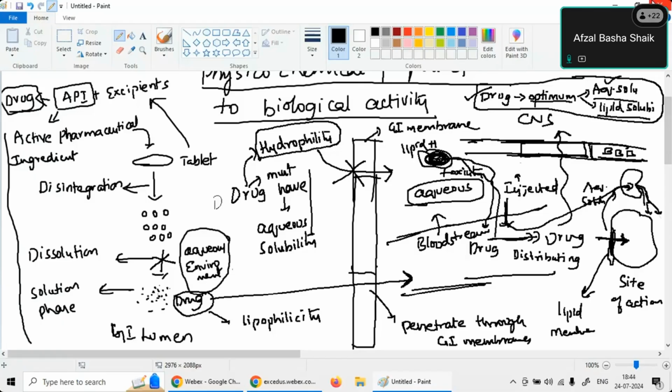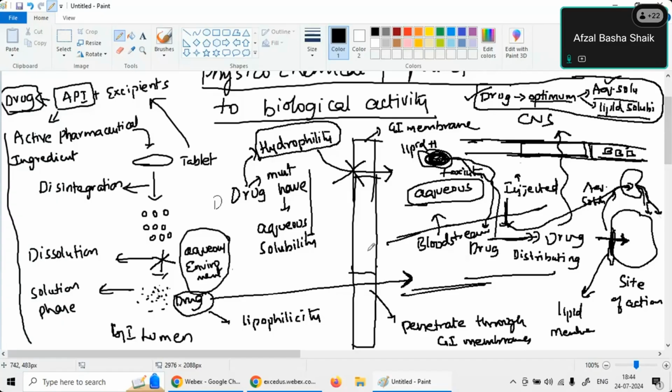So what are the various physicochemical properties of the drug molecules that are helpful for maintaining this optimum lipophilicity or hydrophilicity, or how we can improve these characters like absorption, distribution, metabolism?